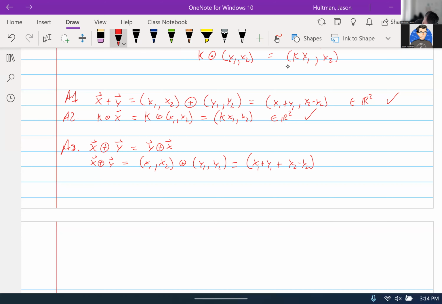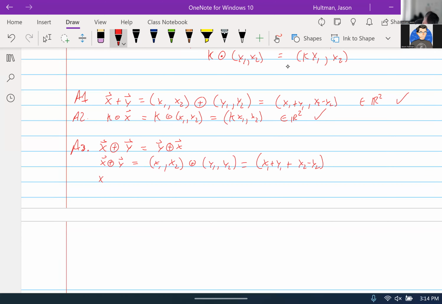And then we can go the opposite direction. y circle plus x is equal to y1, y2 circle plus x1, x2, which is equal to y1 plus x1, and then y2 minus x2.